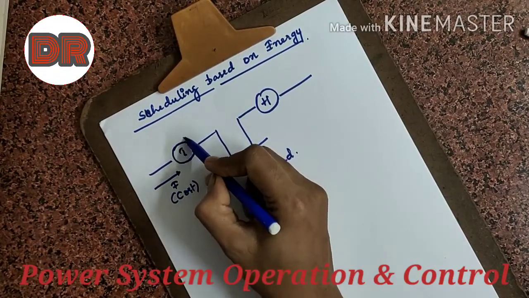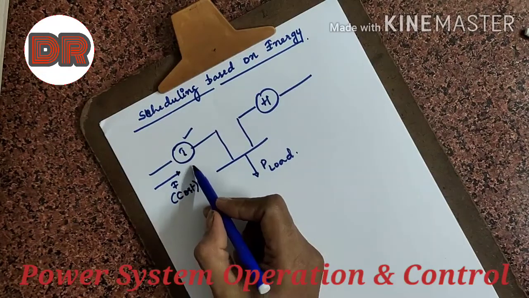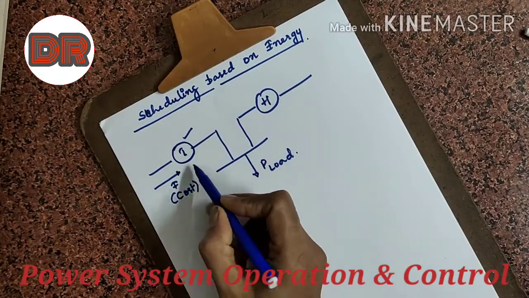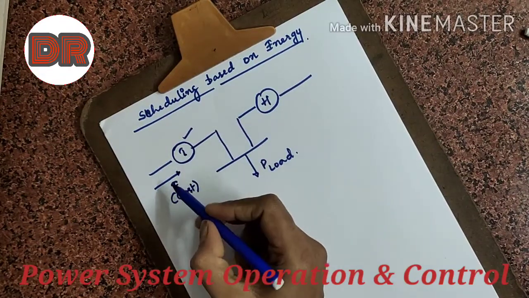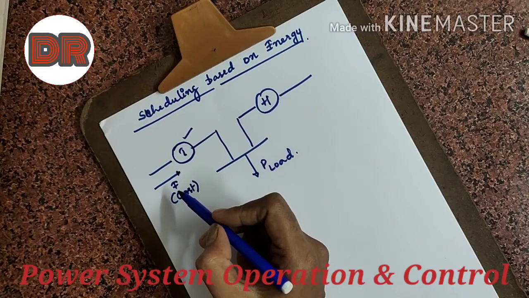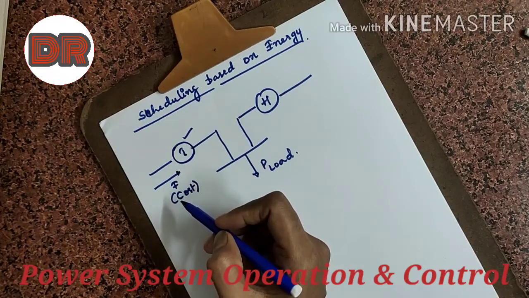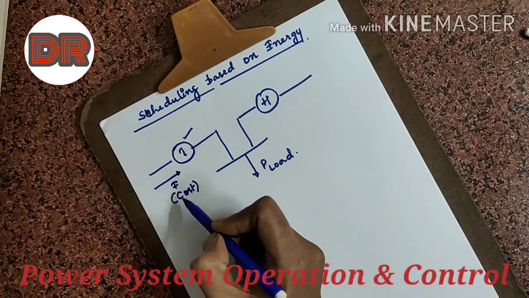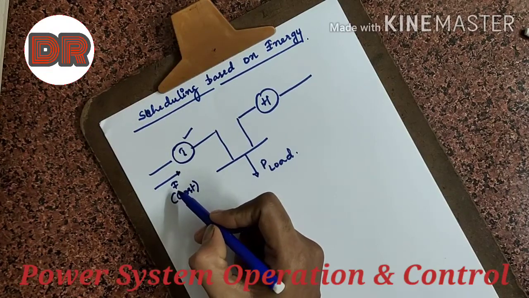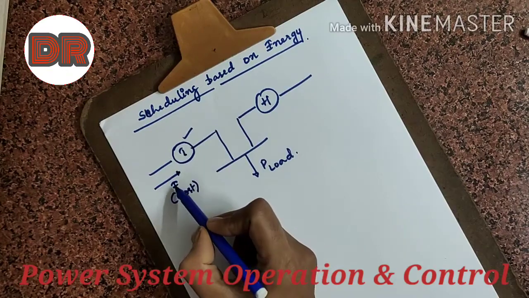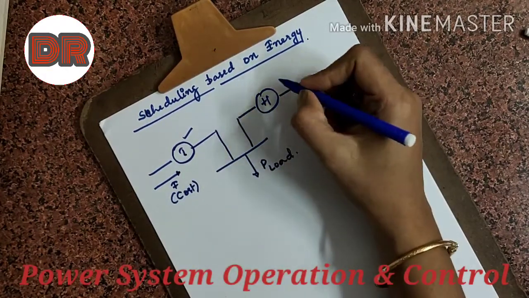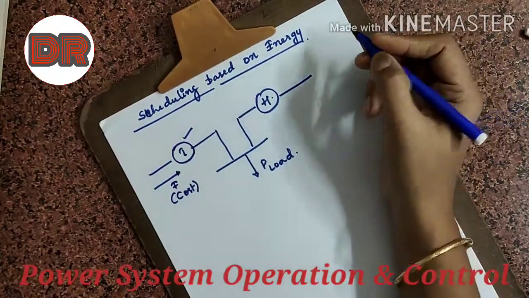For a thermal power plant, the constraint is basically the cost of operation, which can be given by a mathematical formulation, which is nothing but the cost function. This we have seen in scheduling of thermal plants. So F is a cost function. H is the hydro plant.